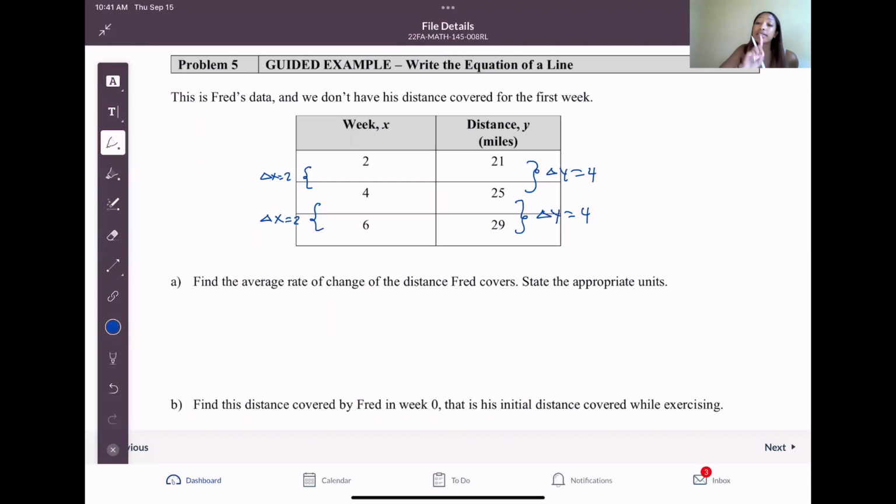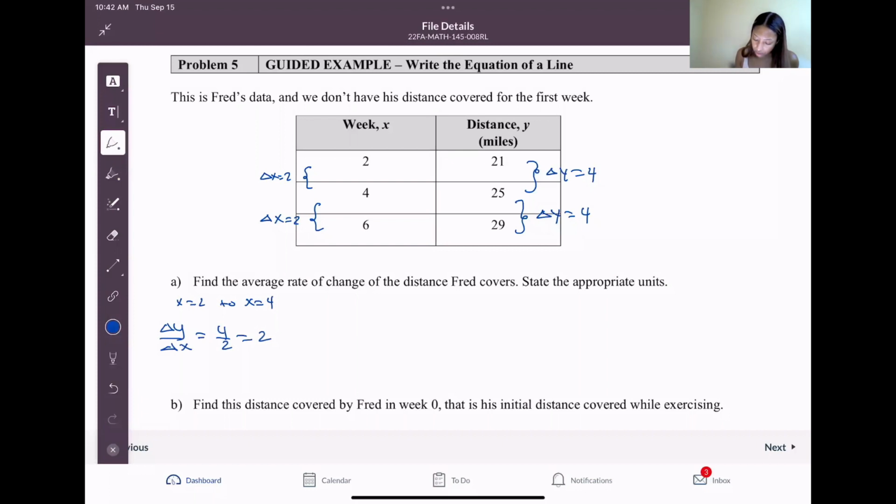So if our table is set up where all of the x values are changing by the same amount, we can quickly calculate the average rates of change using the table. So from x equals 2 to x equals 4, delta y over delta x equals 4 over 2, which is 2.